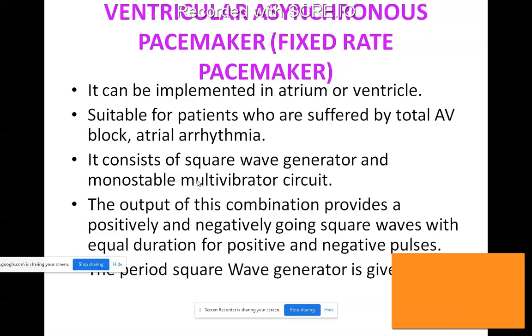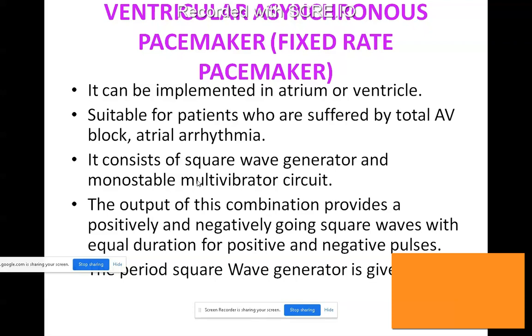Okay, so in the atrioventricular block means in the atrioventricular vessel, you'll be having a block. So that is AV block, atrial arrhythmia. In that case you will be selecting the ventricular asynchronous pacemaker mode.